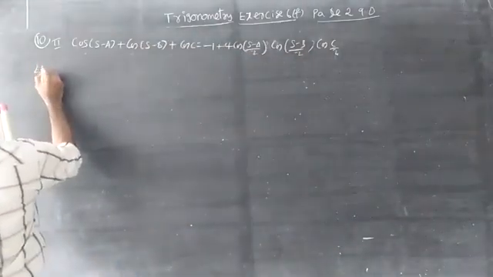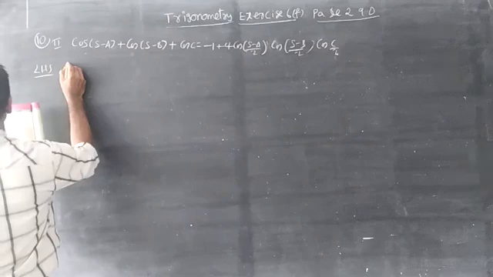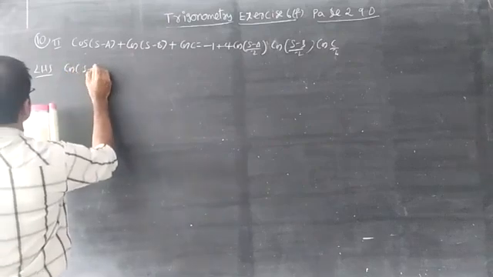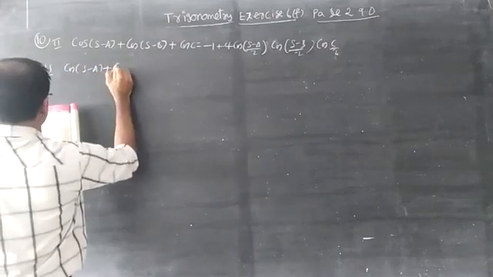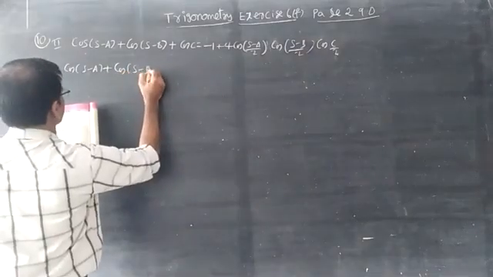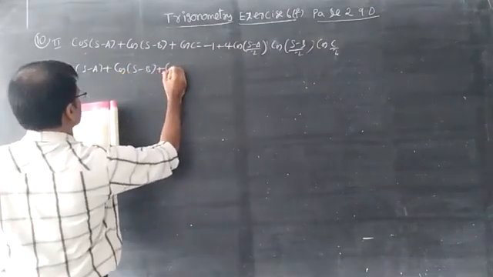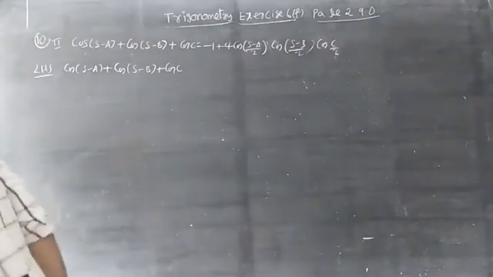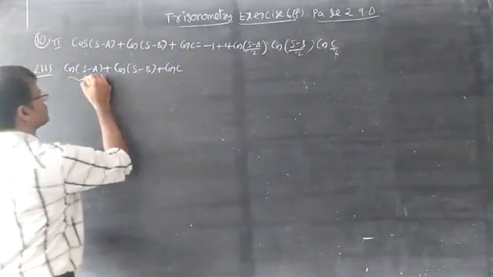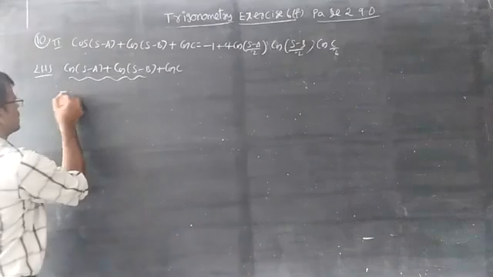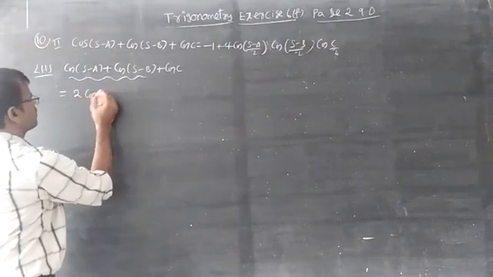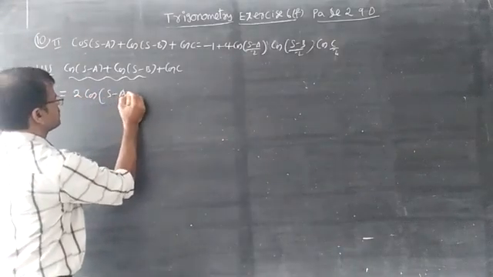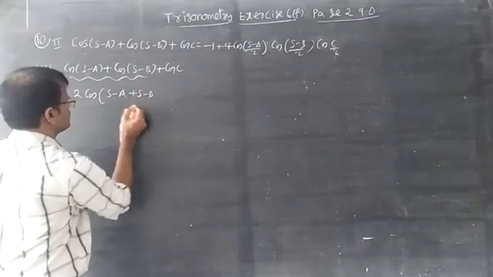Take LHS: cos of (s − A) plus cos of (s − B) plus cos C. For the first two terms, cos C plus cos D, apply the formula 2 cos of (C + D) by 2 into cos of (C − D) by 2.